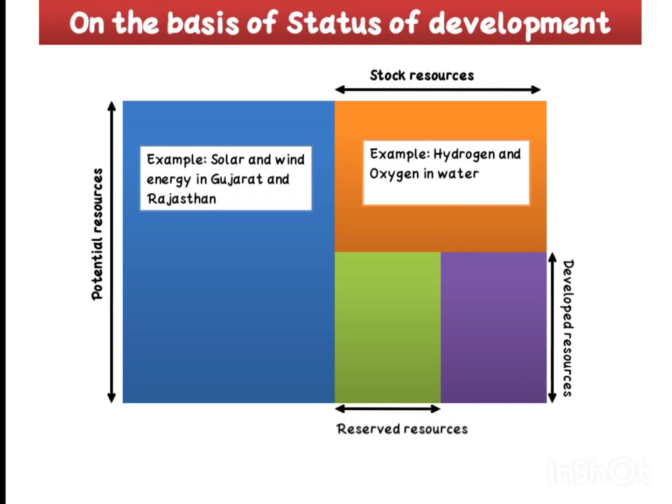But there is no technology to take this hydrogen and oxygen from this amount of water and use it in other things. So this hydrogen and oxygen are very, very useful for us, and they are present in the form of water as a stock.